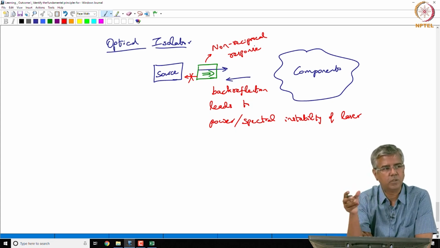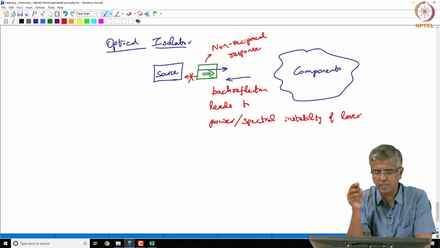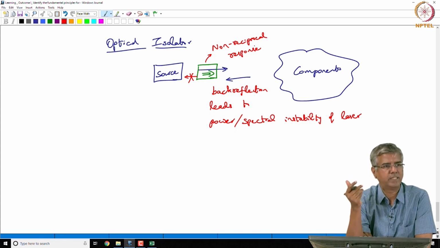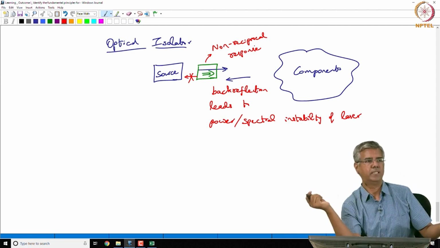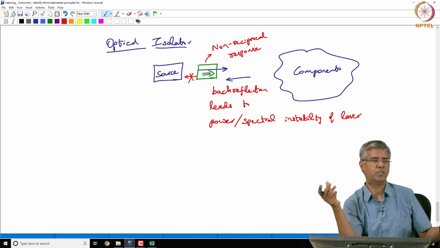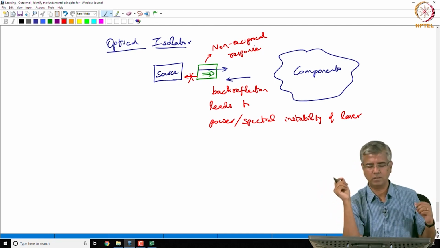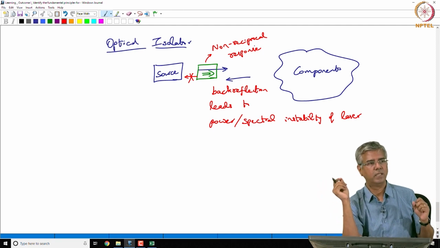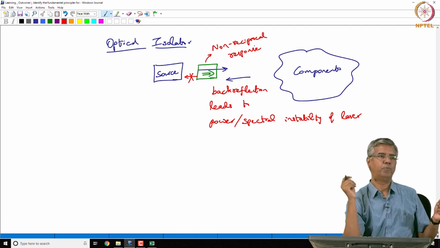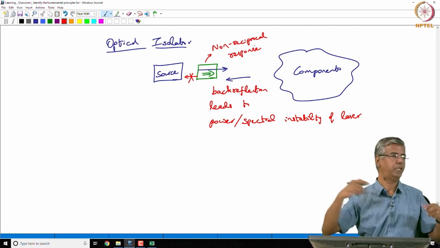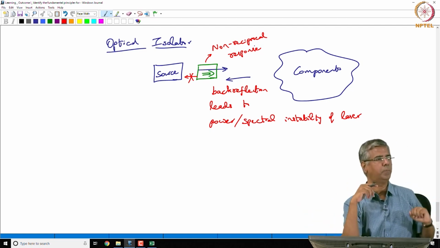So, before we talk about non-reciprocal response, let us just understand what reciprocity means. Reciprocity means that you go from left to right, you have a certain response from this component, and that response should be the same if you go from right to left, the opposite direction.